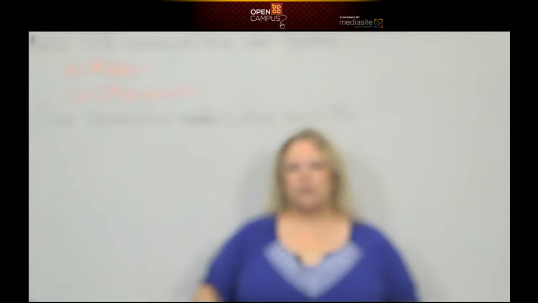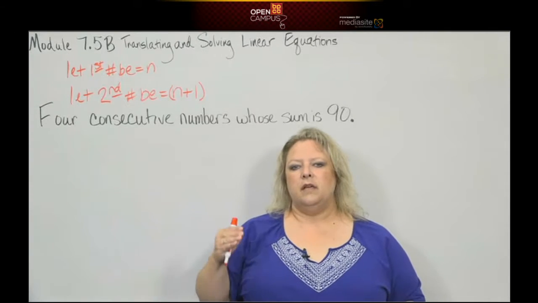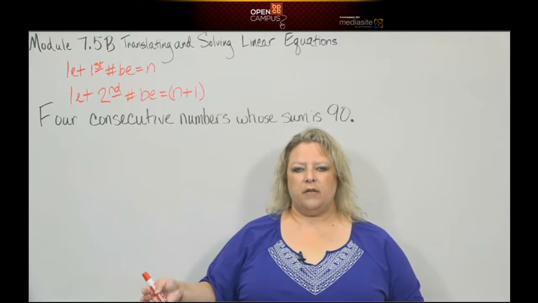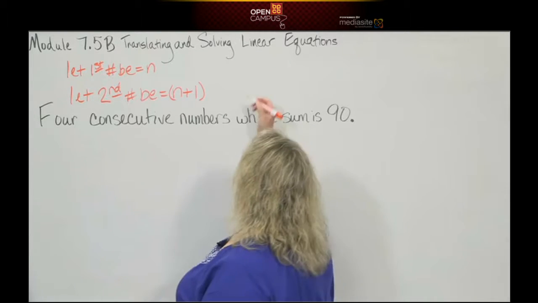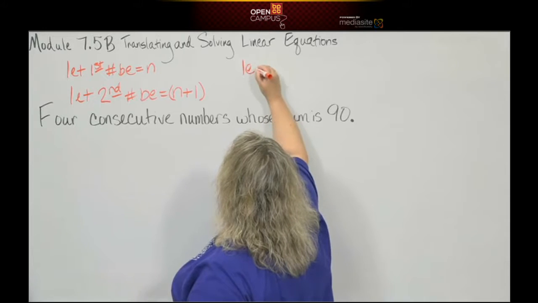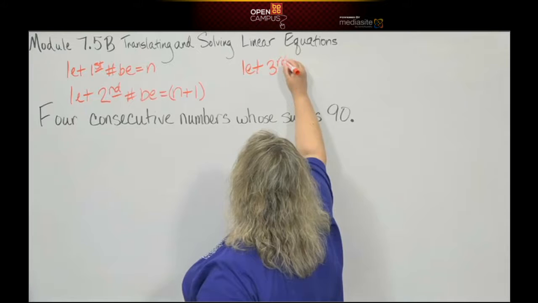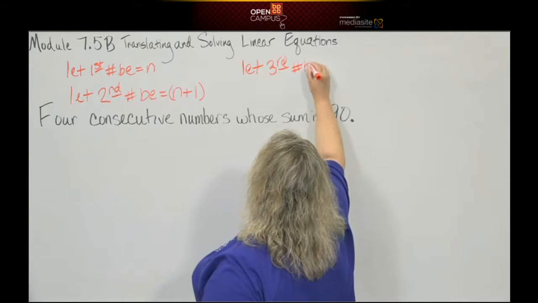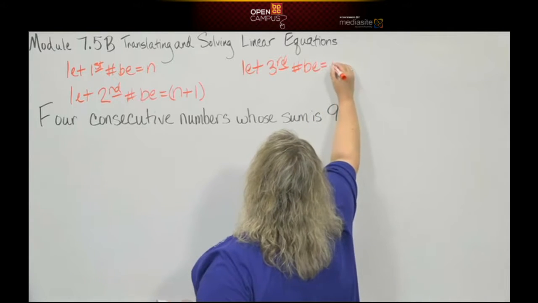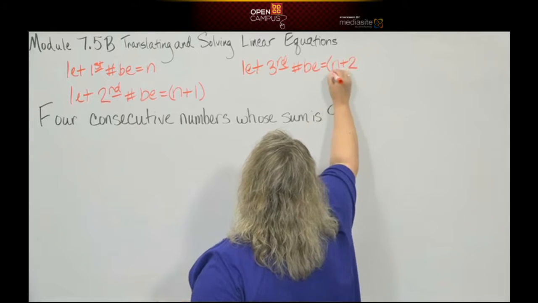And remember, we're only adding 1 because if I do this on the number line, all I have is 1, 2, 3, 4, etc. All right, our next one, let the third number be equal to n plus 2.